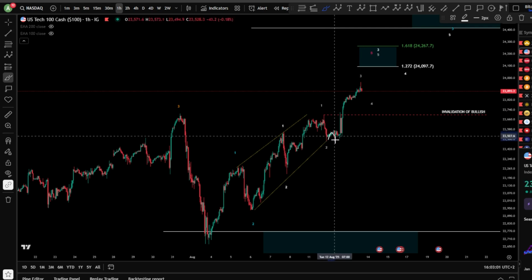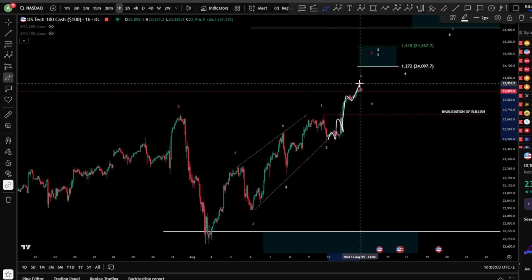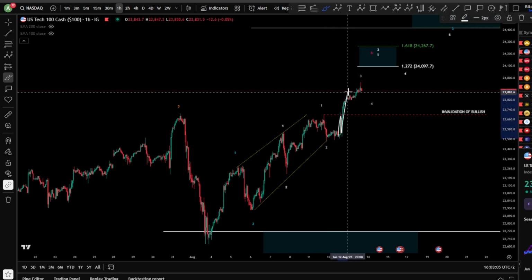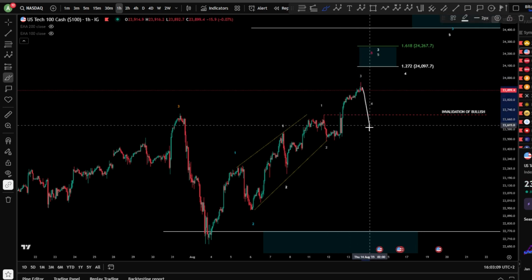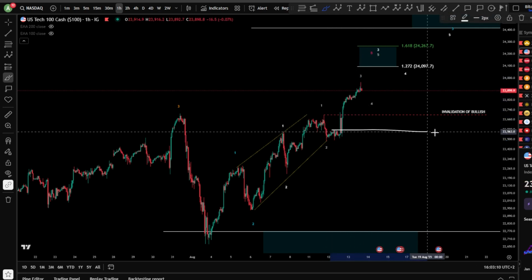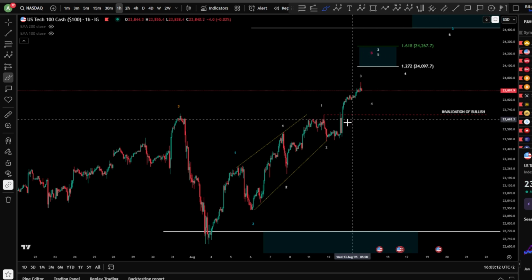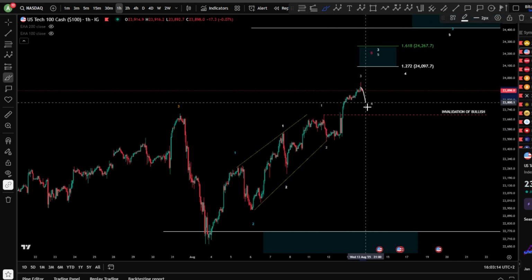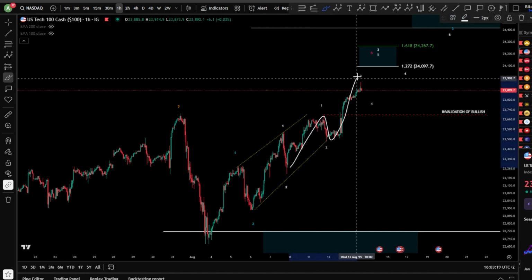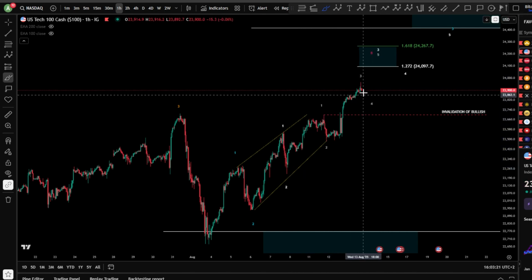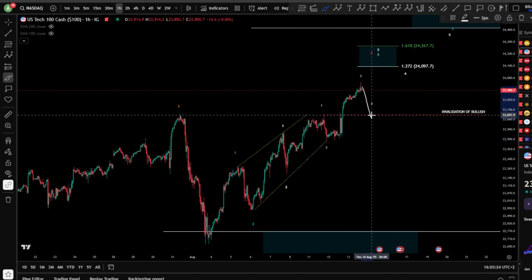If you have 1, 2, 1, 2, wave 3, 4, 5 finished, the first wave 1, 2, 3, 4, 5, and you move down towards this wave 1 here, your invalidation might be very low. However, if the price passes this high here for a 1, 2, 3, 4, and a 5, well, this is also kind of an invalidation.